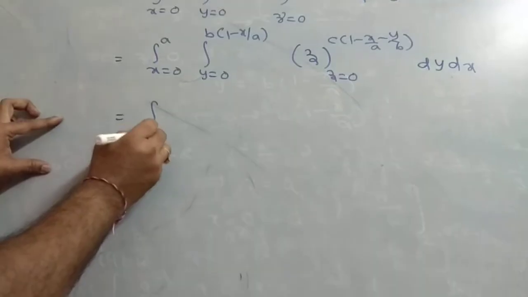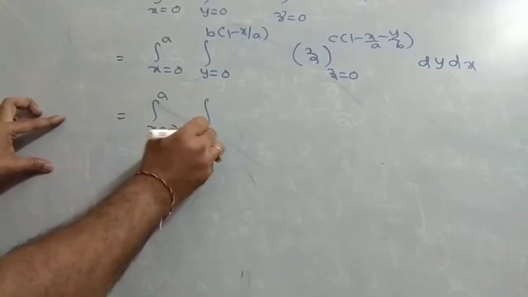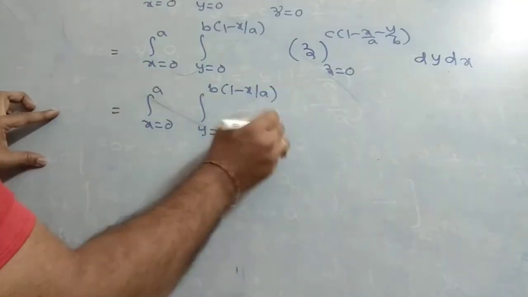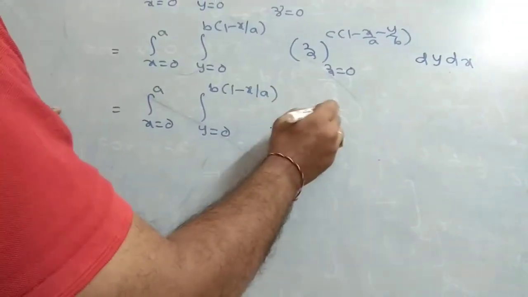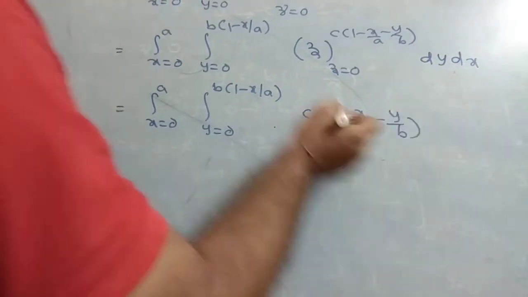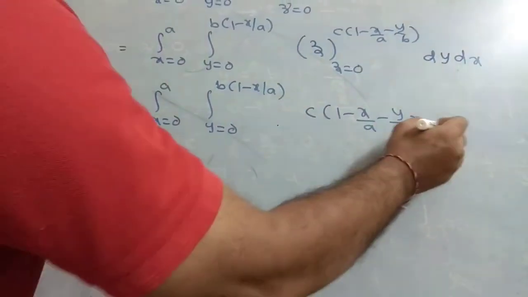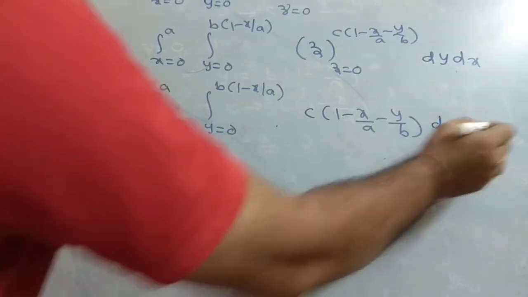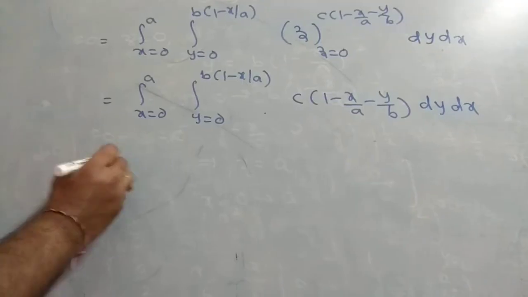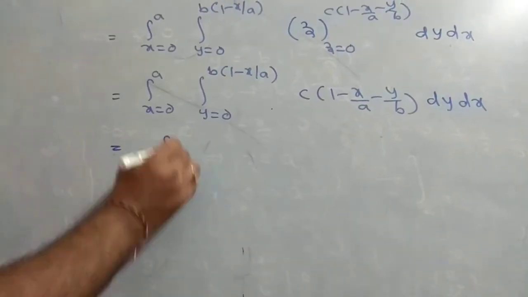So x equal to 0 to a, y equal to 0 to b into 1 minus x by a, substituting your upper limit c into 1 minus x by a minus y by b, and lower limit equal to 0, then dy and dx. Now what about the next integration with respect to y? x equal to 0 to a.